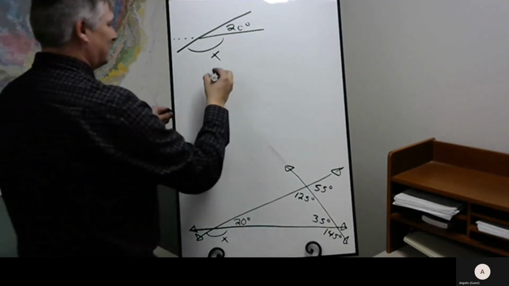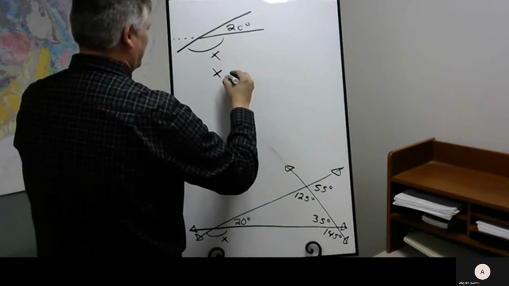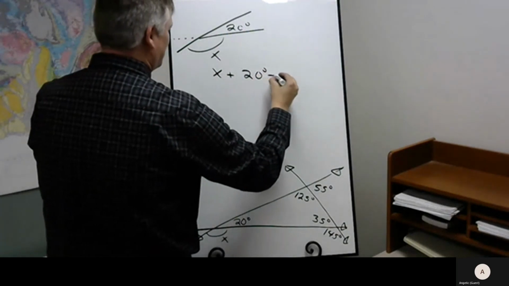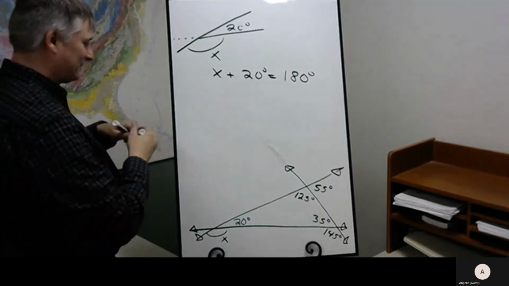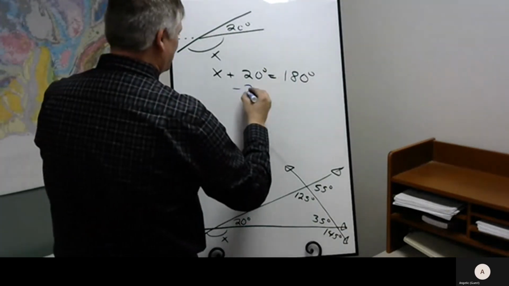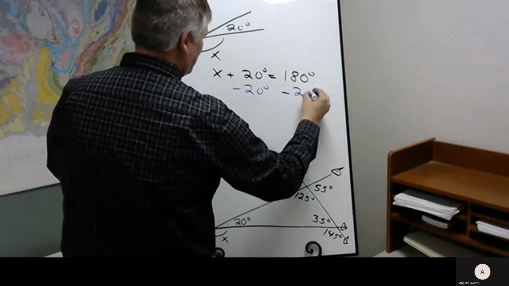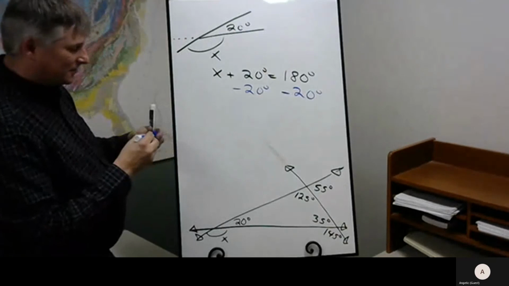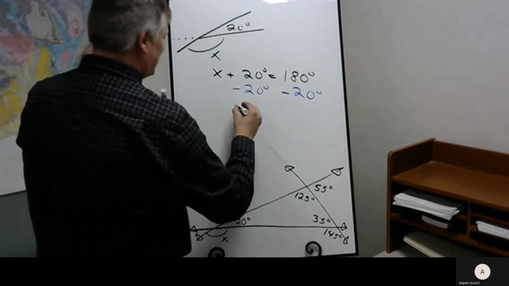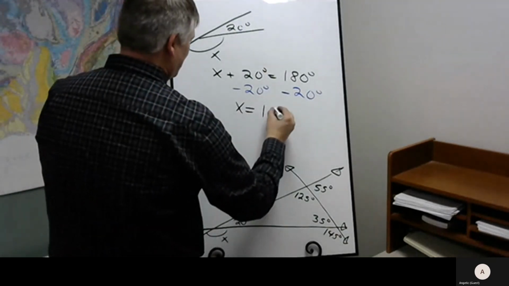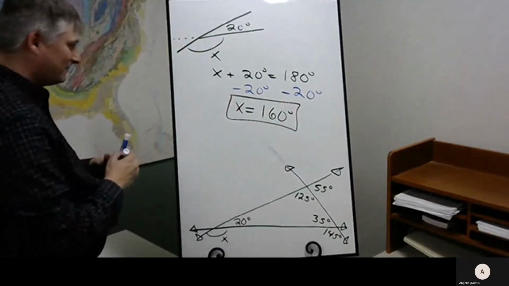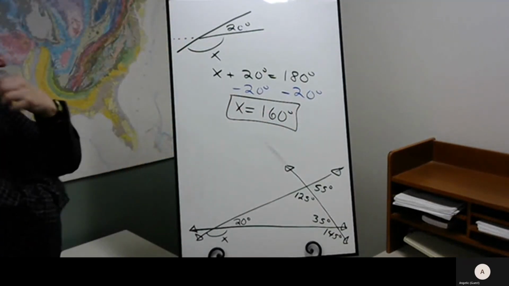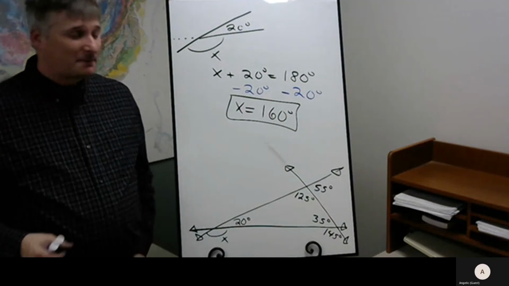So this means x plus 20 degrees equals 180 degrees. Subtract 20 from both sides. x is 160 degrees. So finally we get x.